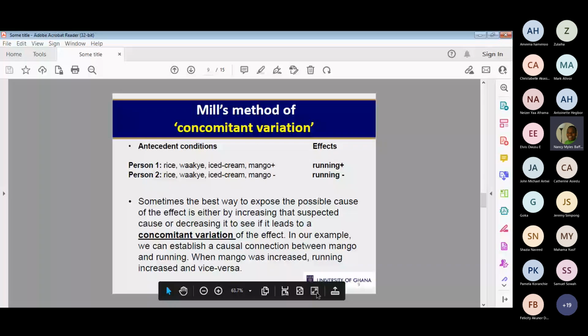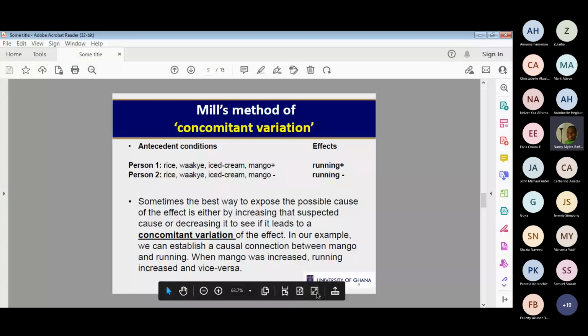So increase it. That's why, if person 1 is Nancy, the next day we add a little bit more of the mango juice. So day 1, maybe she took one glass of mango juice after the main meal, and she was running.